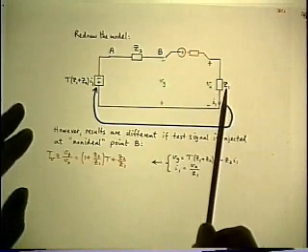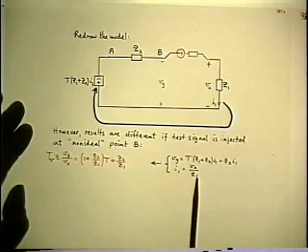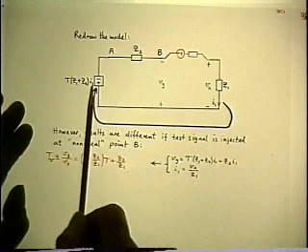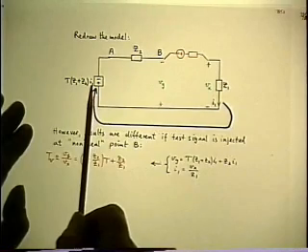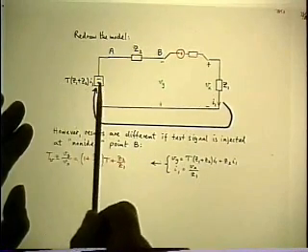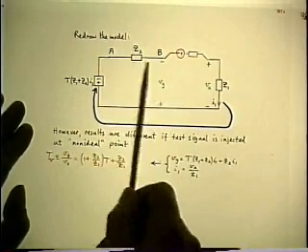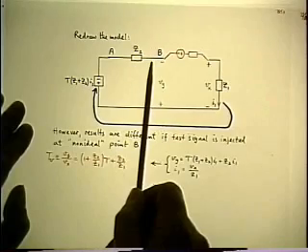Well, that's a very simple problem to work out. I1 is Vx over Z1. That activates this generator. So I substitute for I1 Vx over Z1. But the value of that generator is no longer Vy. I have to allow for the drop in Z2.